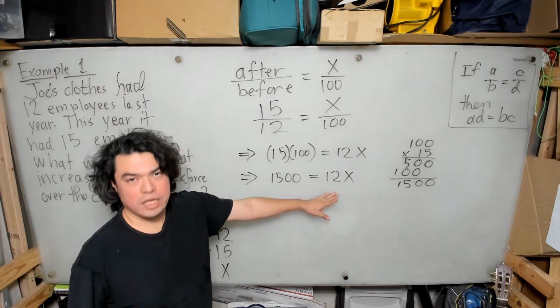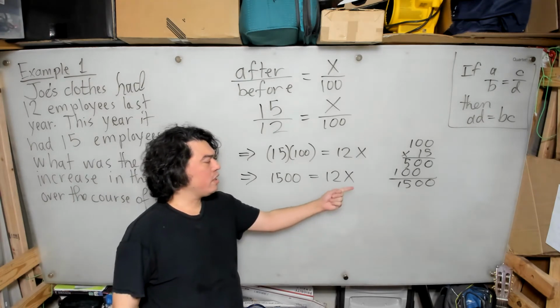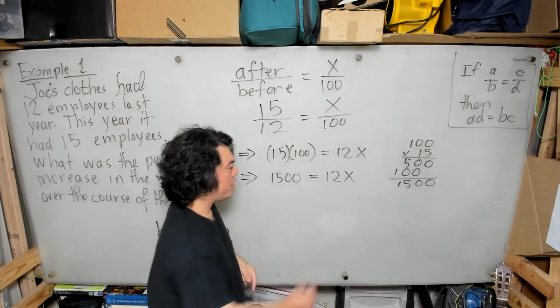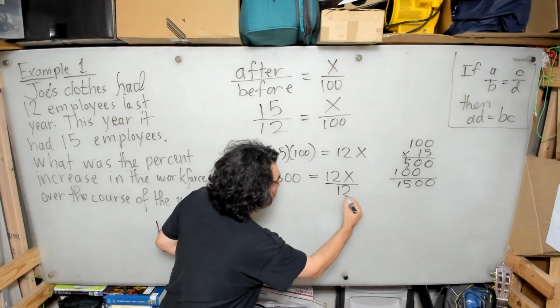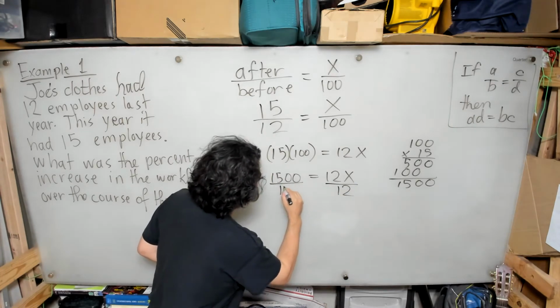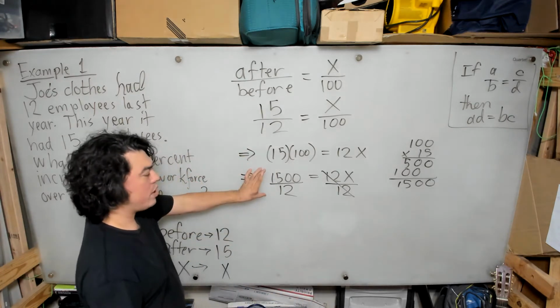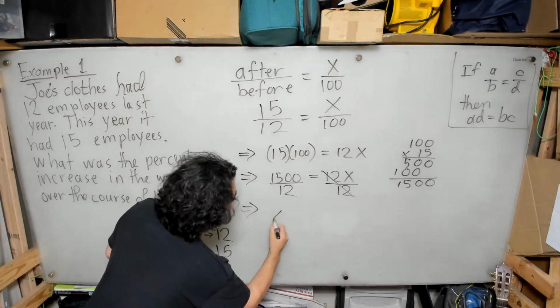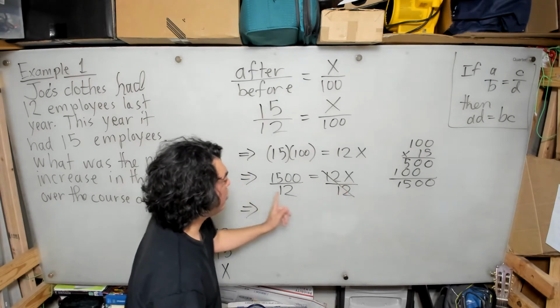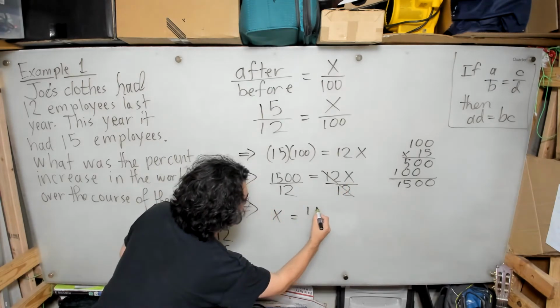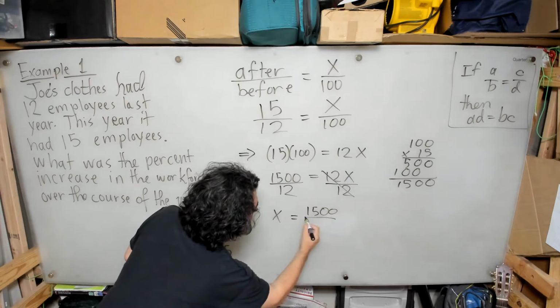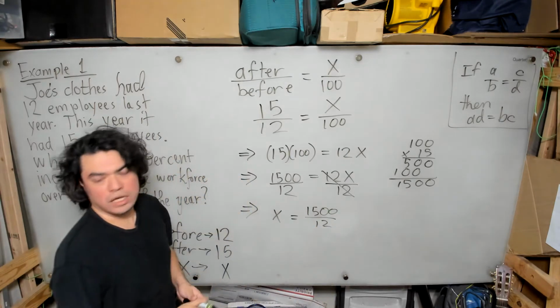Now, how do I get the x by itself here? I'm going to divide both sides by 12. I divide this side by 12, and I divide this side by 12. This goes away, and I'm left with x equals whatever this is, so 1500 divided by 12. Let's do that together.